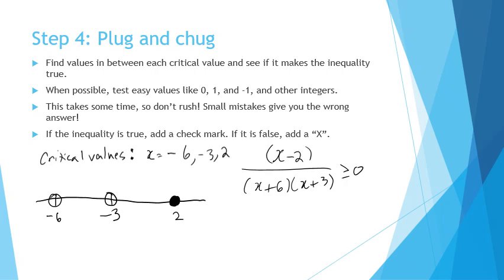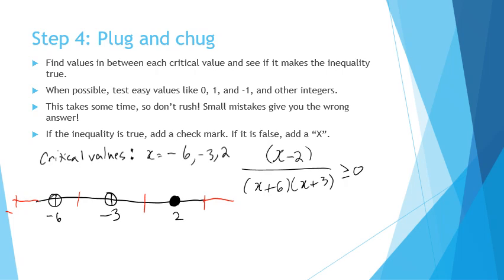All right, the final thing, step number 4 is plug and chug. So we want to see, is any number after -6 going to make this inequality true? Is any number between -6 and -3 or between -3 and 2 or greater than 2? Are any of these numbers going to make this inequality true? And so the only way to do it is just by plugging in testing points and checking.